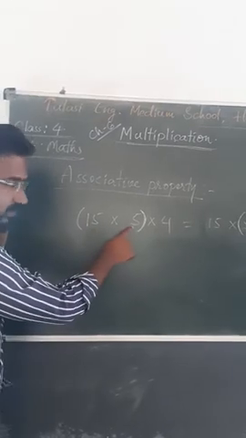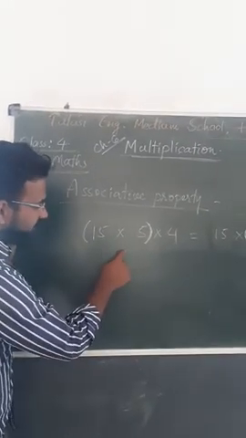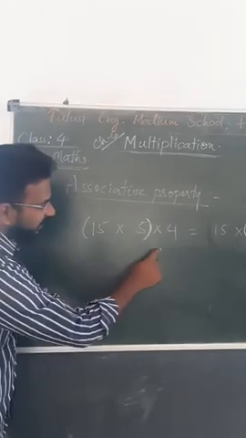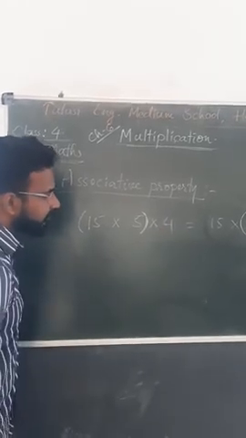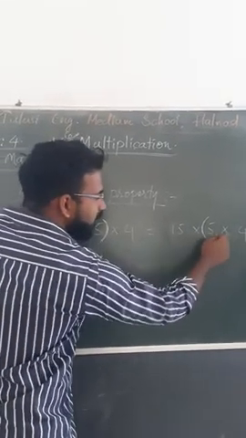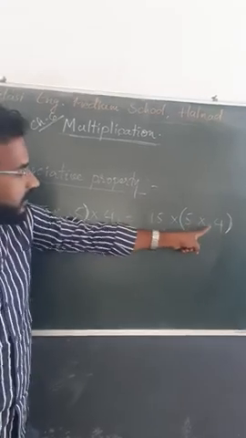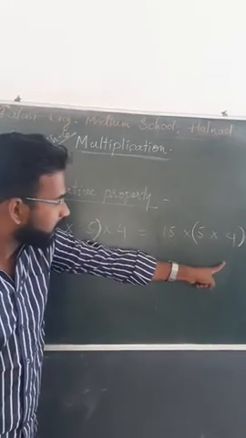In the first, 15 into 5, we have to multiply this first. Then we get the product, and that product into 4. In the second, we have to multiply the numbers inside the bracket, 5 into 4. We will get the product.